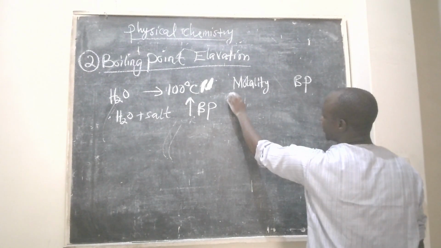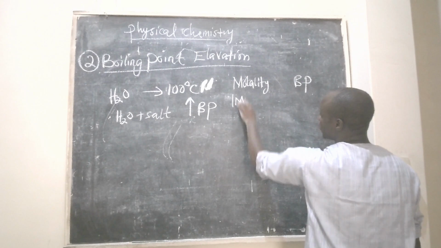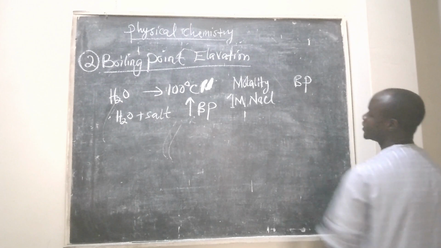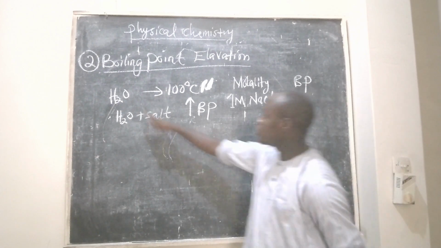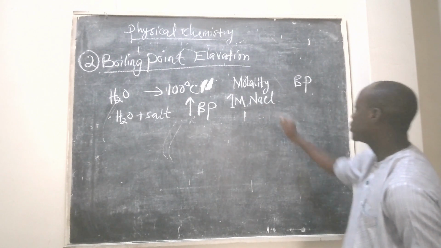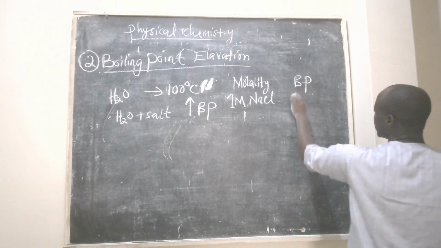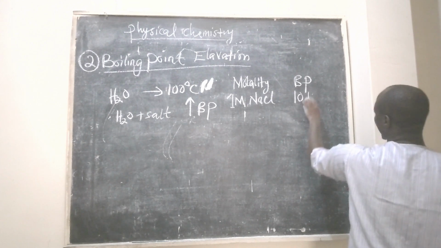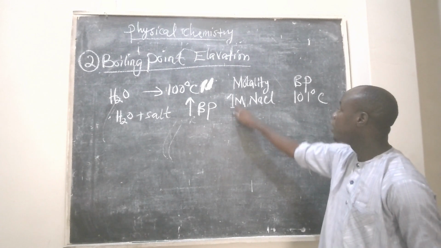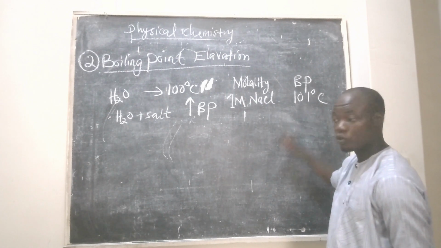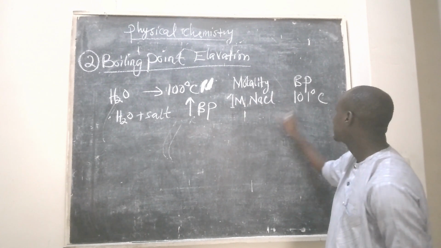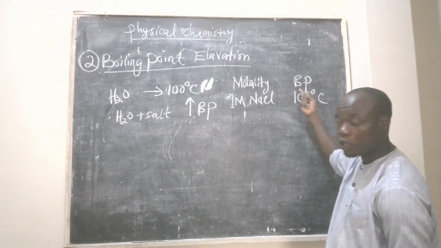If you add 1 molar sodium chloride, remember that the boiling point of water is 100 degrees centigrade. Now with 1 molar sodium chloride, the boiling point will be 101 degrees centigrade. It means that the boiling point is increased by 1. So as you increase the concentration of the solids, there will be an increase in boiling point.